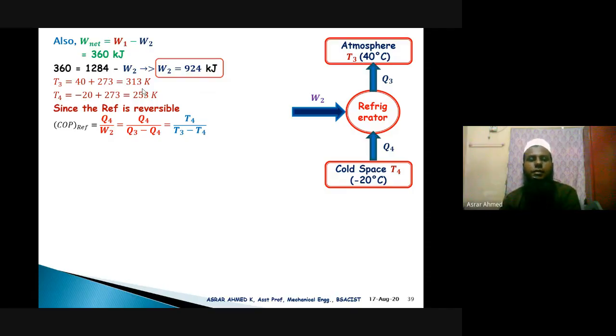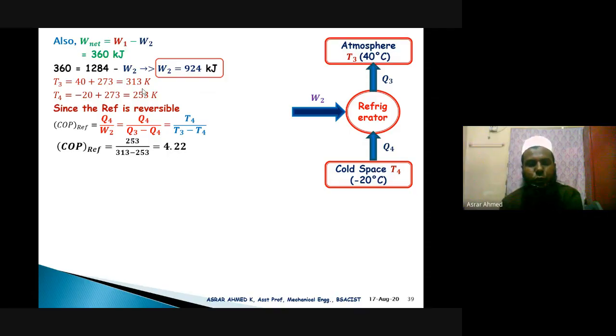Clear? Similar to what we wrote for efficiency, we can write the same equation for COP of the refrigerator. Q4 can be written as T4, Q3 minus Q4 can be written as T3 minus T4. Now COP, quickly we substitute: 253 divided by 313 minus 253 is equal to 4.22.